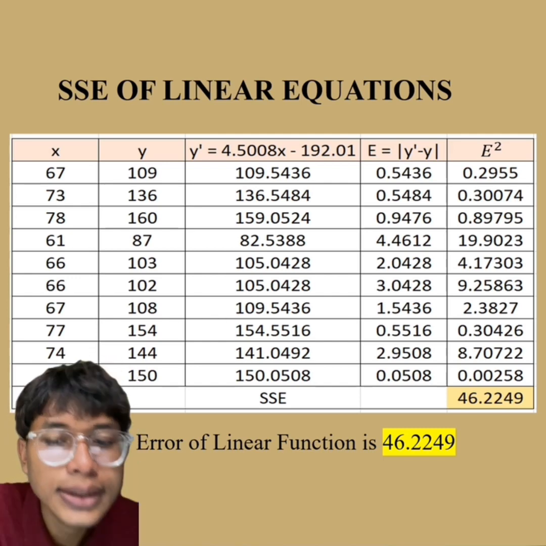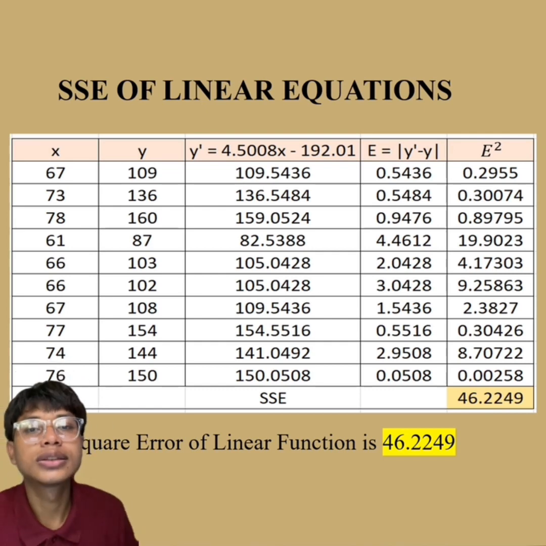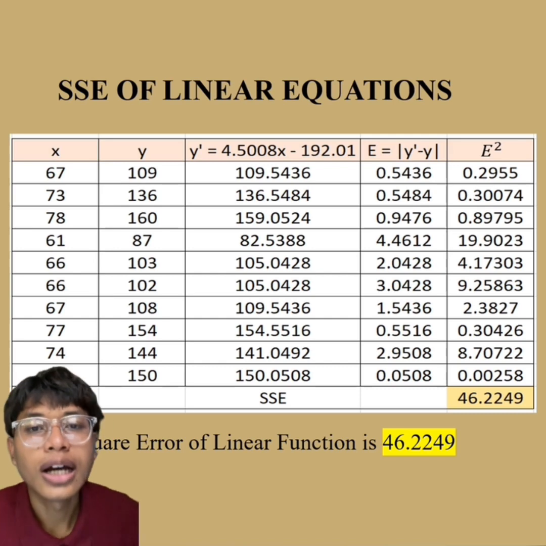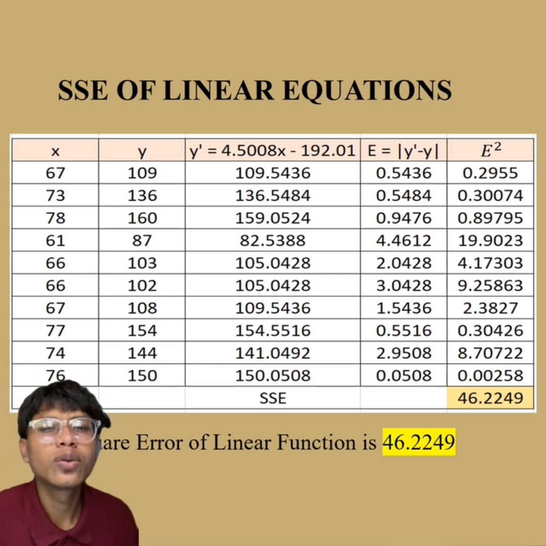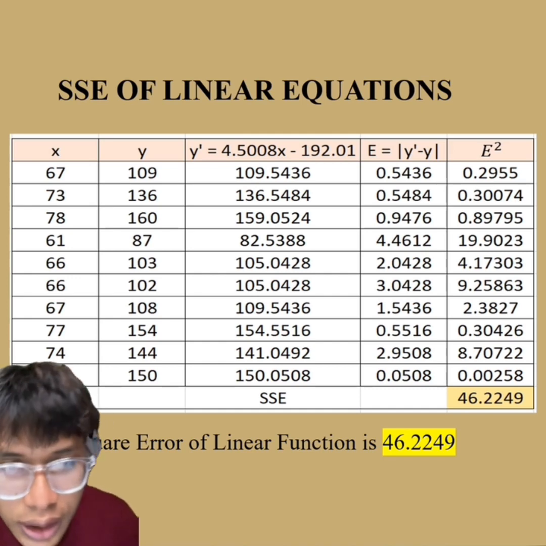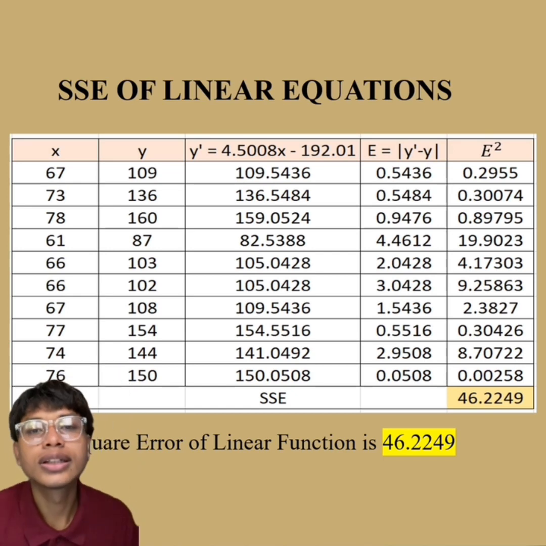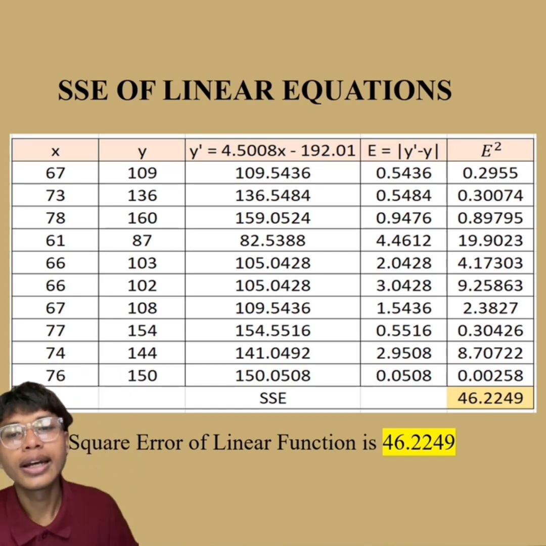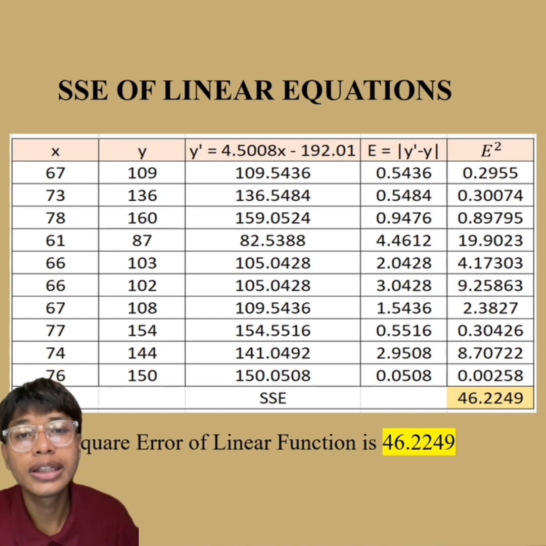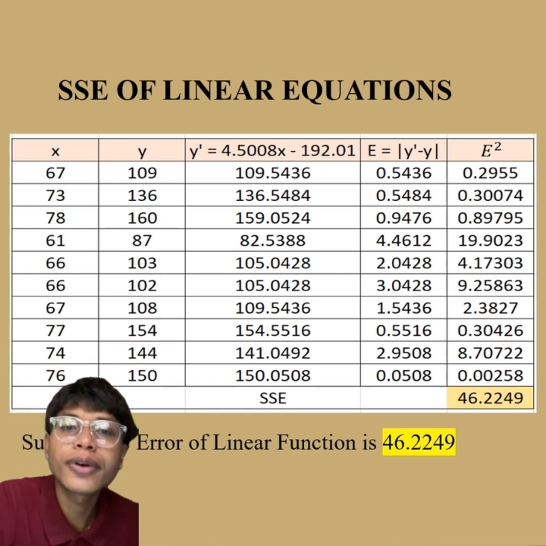For the x and y here, after that we put the values of x into the equation, and we get this. After we get all of y prime, we find e, which is y prime minus y.